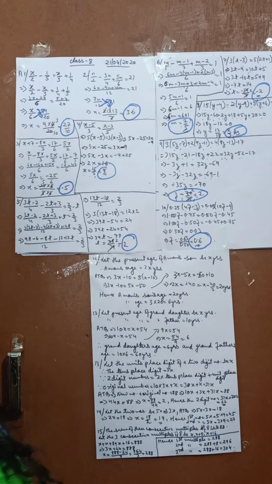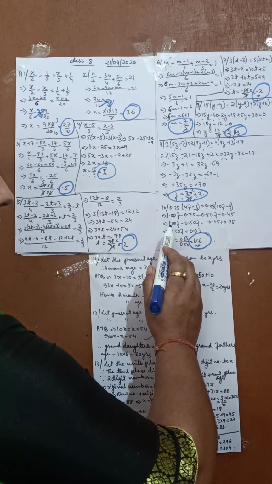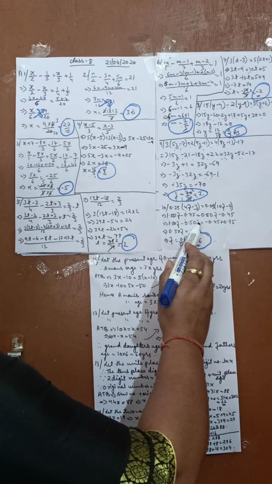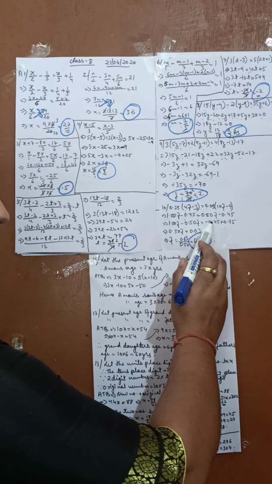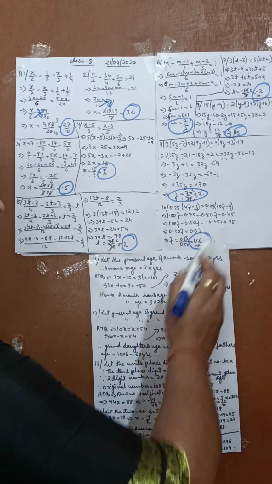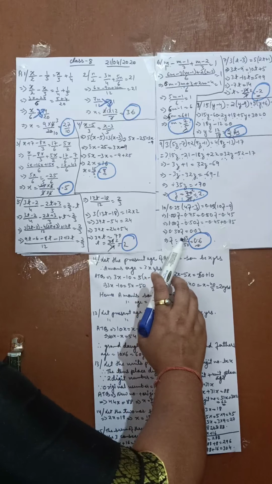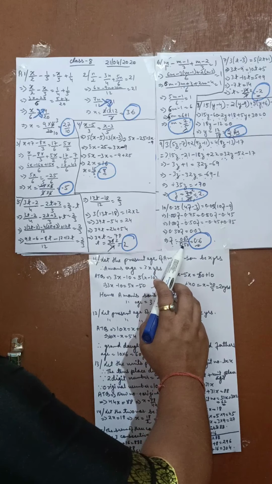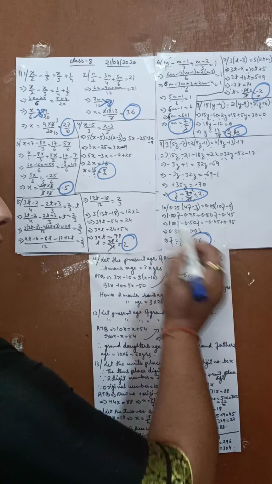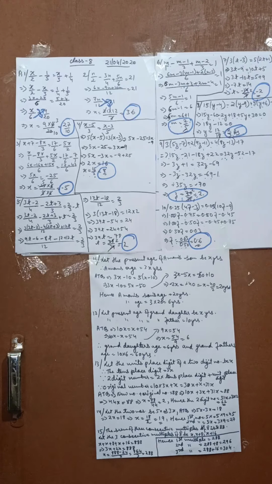So we will keep the value of f together. 1.00f minus 0.50f is equal to 0 minus 0.45 plus 0.75. So after solving it, we will get f is equal to 0.30 divided by 0.50, that is 0.6, is the answer of question number 10. So let's move to question number 11.